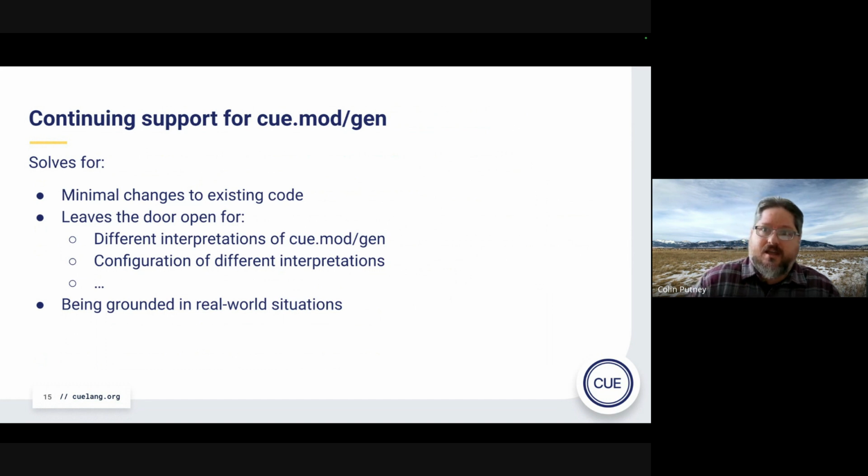If so, does the relationship still hold? Is the output of a generated package part of a module in that way, or is it some other new thing? Maybe the answer is we're trying to figure that out.